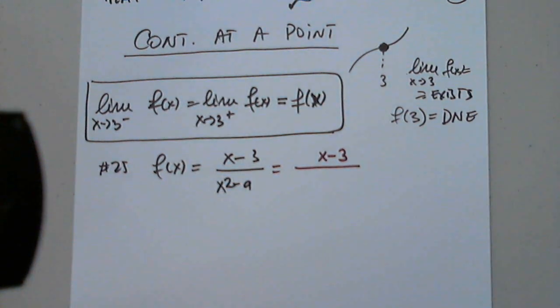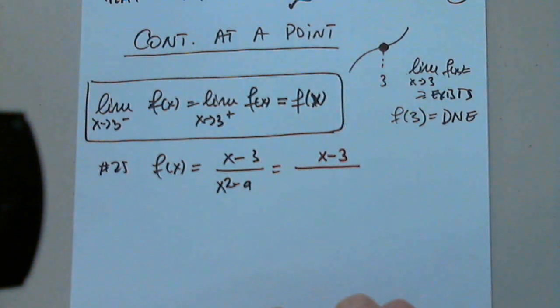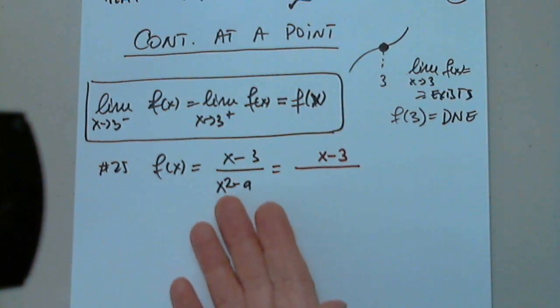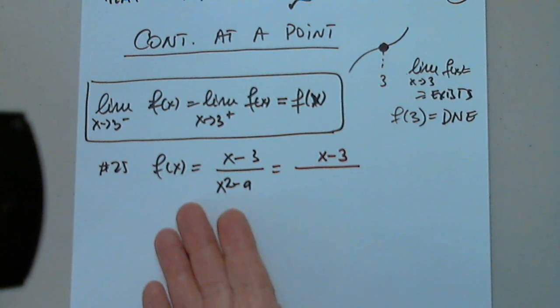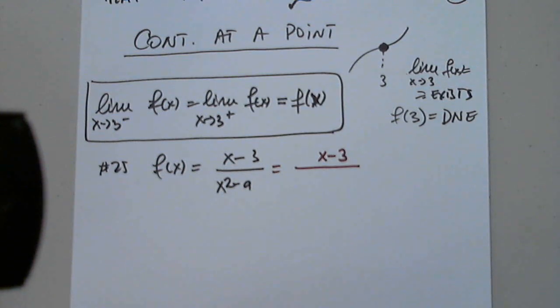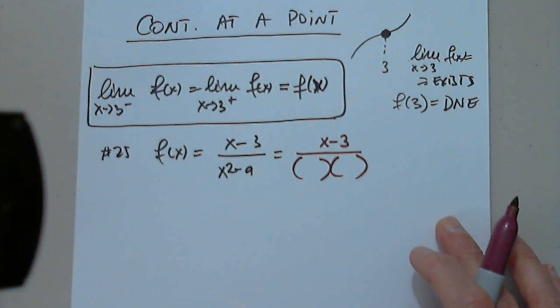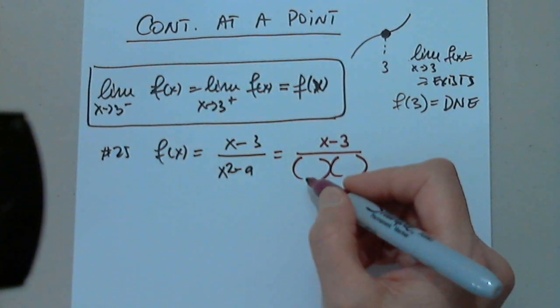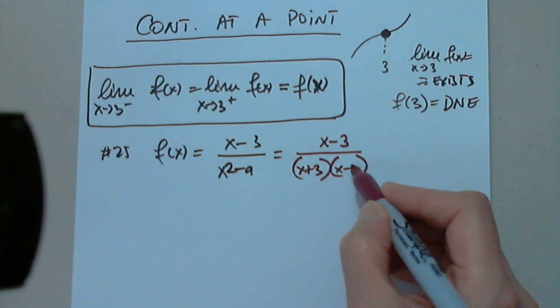When we find the domain for a rational function, I already gave you the hint: set the denominator to 0. So let's factor it in order to discuss that situation: x plus 3, x minus 3.